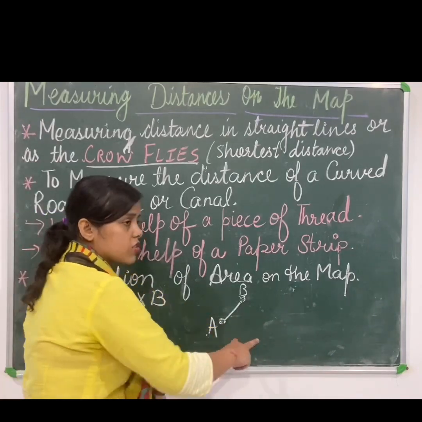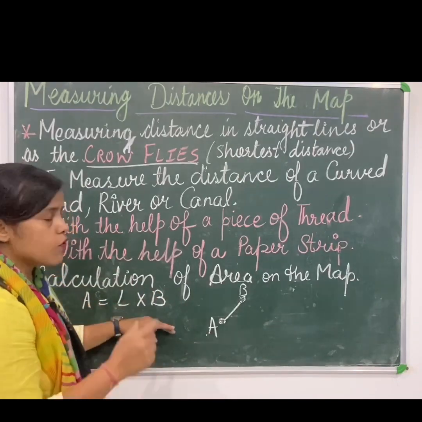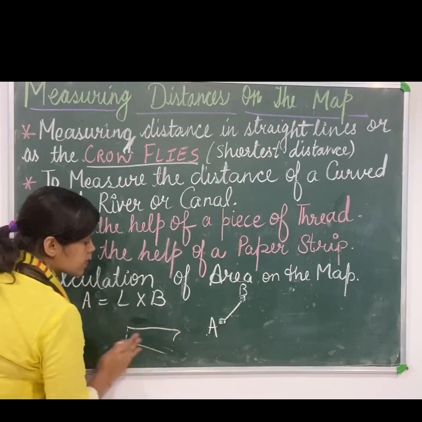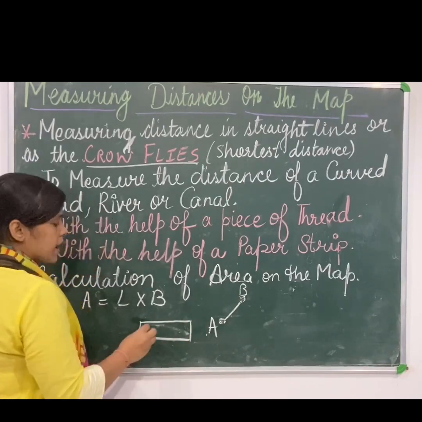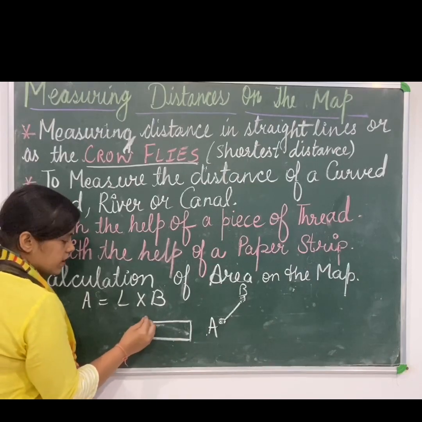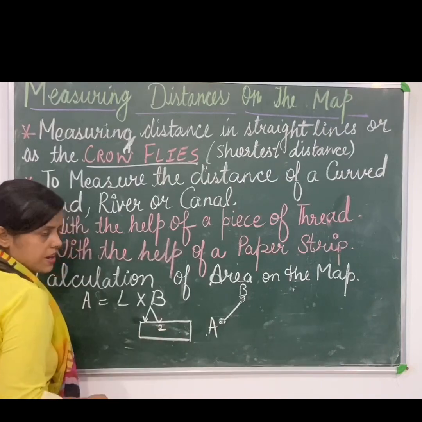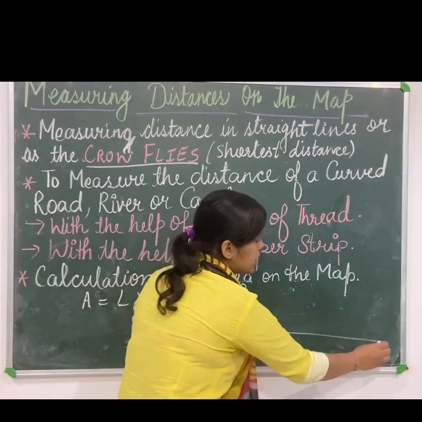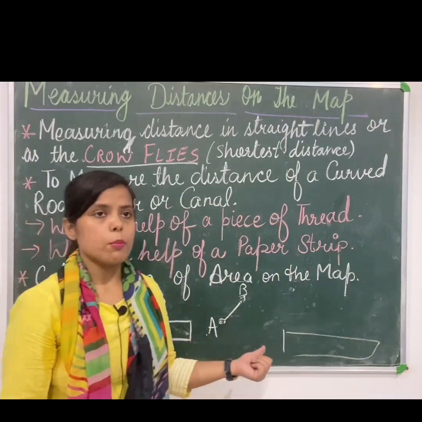The scale which you used, you will put that on the scale, and then whatever you get, suppose this is our scale which you have, and both the divider points you will keep here and here. Suppose it is coming 2 centimeter, and according to the linear scale which is given in your map, you will measure it.